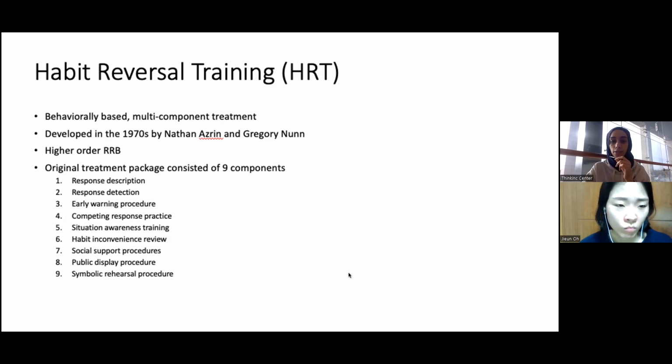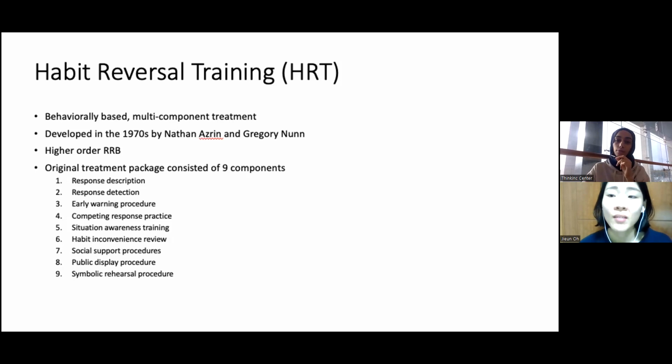The third component is early warning procedure, and that's basically like a precursor. When the client is aware that he's done a precursor to the target behavior, they can isolate that and be aware of it. Fourth is the competing response practice.